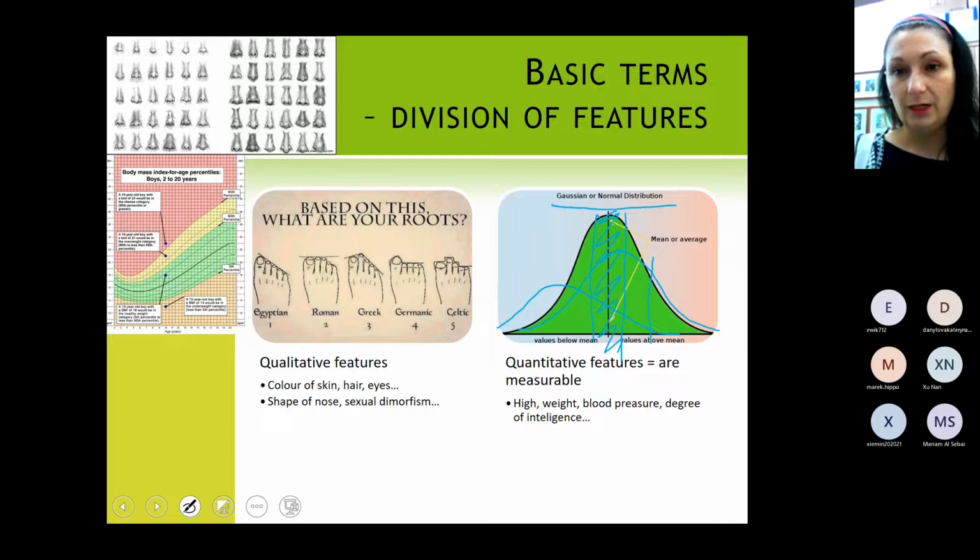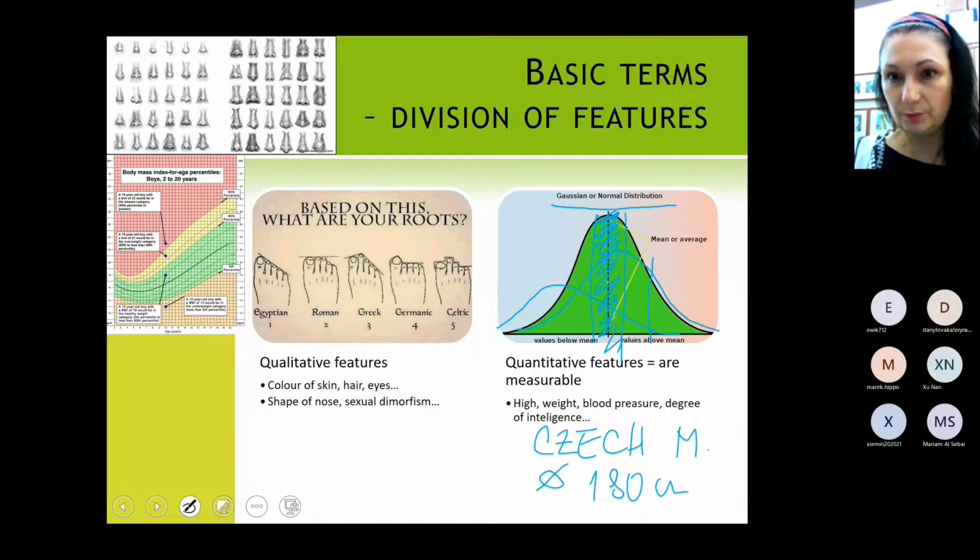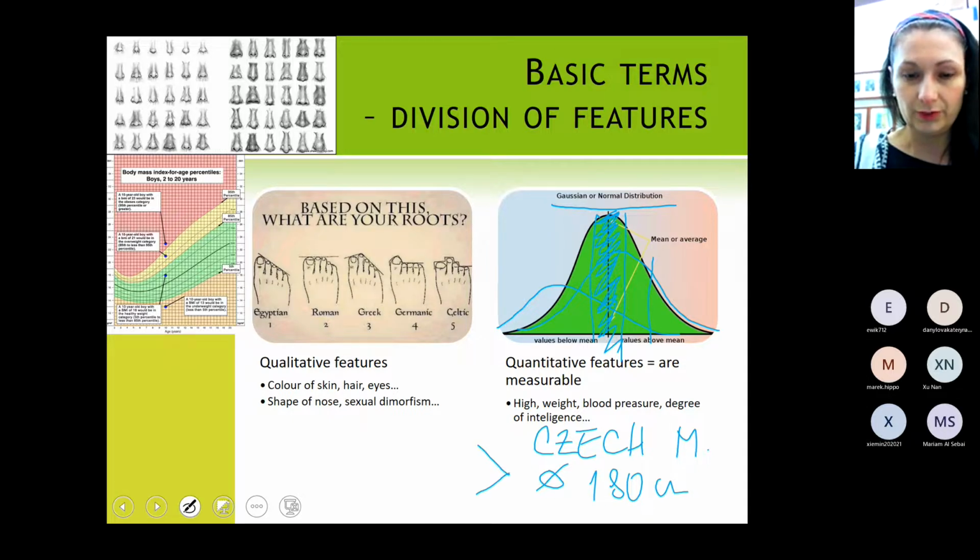So for example, the average height, I'm going to talk about the Czech man, is 180 centimeters. So this is this part. It could be a range from, for example, 175 to 185 centimeters.